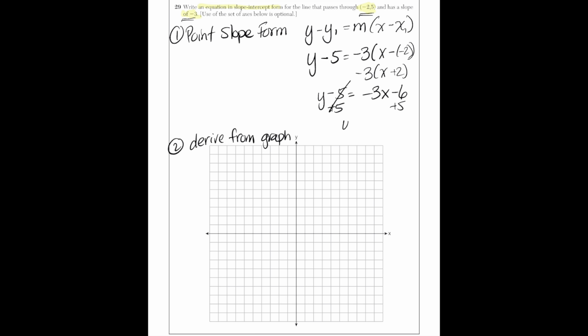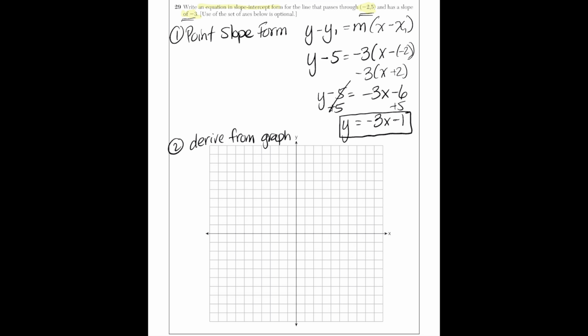So you get the equation y is equal to negative 3x minus 1. Easy peasy, right? Not so bad. That's why I get it. A lot of people love this form, especially because they gave you the slope and they gave you a point. So this works very, very well.